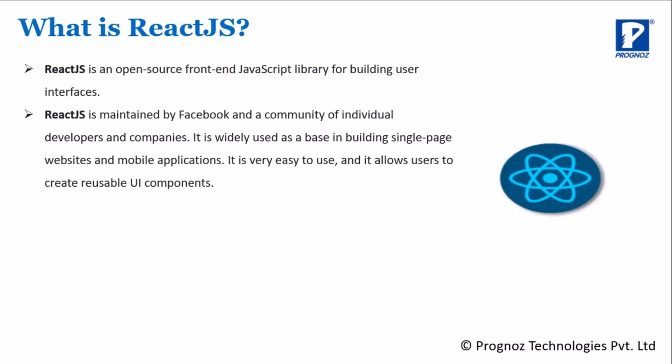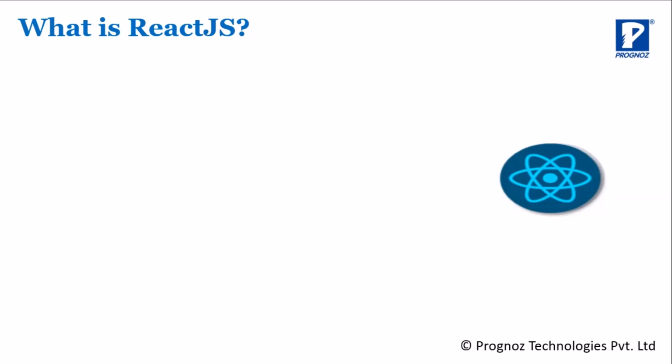Each part is nothing but a component, and that component we can reuse anywhere in the application. That's why ReactJS gives the user the facility to create reusable user interface pieces, and that is called a component. Each part of the application is basically called a component.